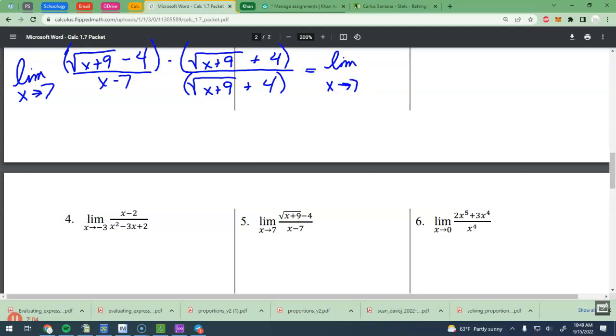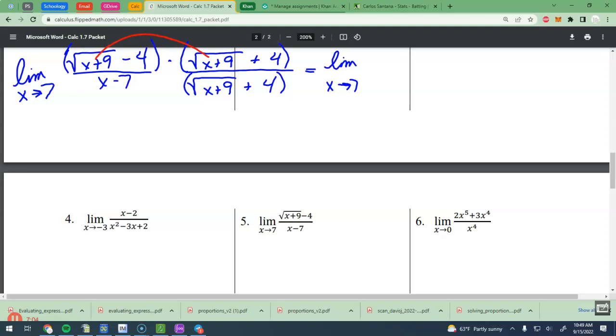So now, if we multiply through on top, think about what we just did. The 2 middle terms are just going to cancel. So we're going to get the first term squared. So what's root x plus 9 times root x plus 9? x plus 9. Think about what's root 100 times root 100. That'd be 10 times 10, which is 100, right?